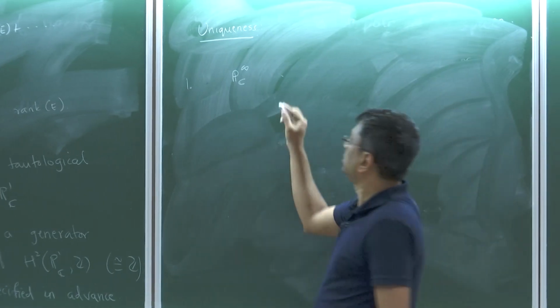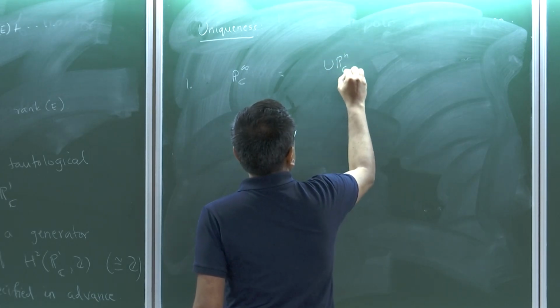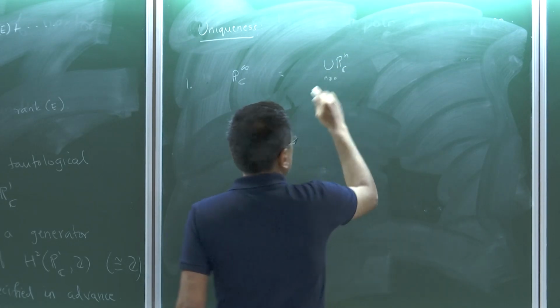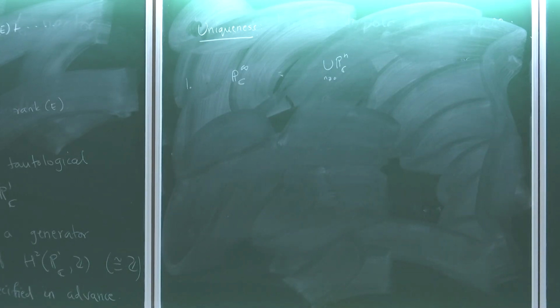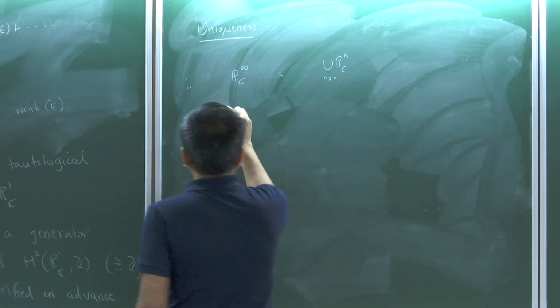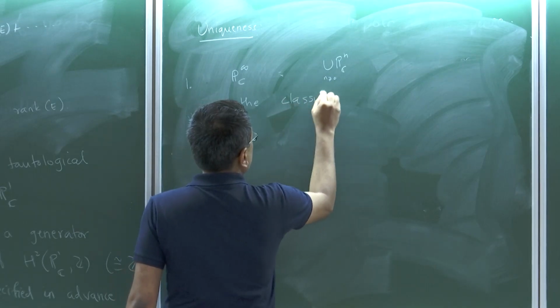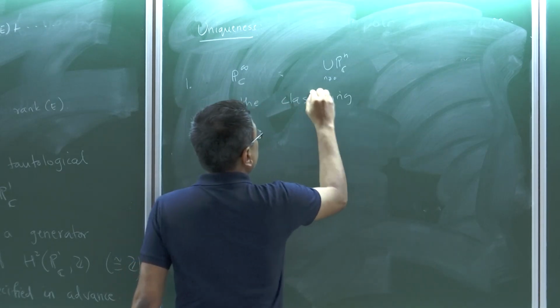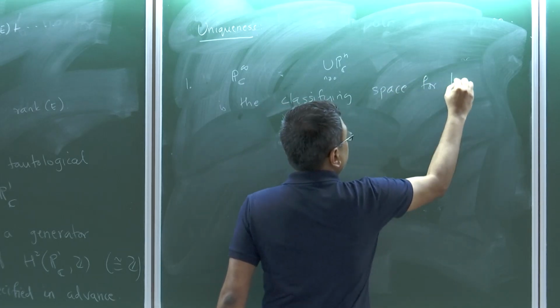So take the union of all Pn of C, n greater or equal to 0. When I say union, of course I am making a choice of the embedding of Pn inside Pn plus 1. Okay, so this is the classifying space for line bundles.